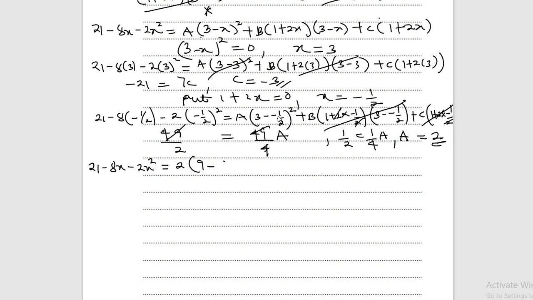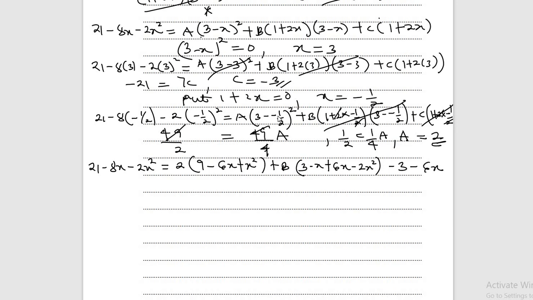That will be 9 minus 6x plus x squared. Do we know B? No. Expand what is beside B: 1 times 3 is 3, 1 times minus x is minus x, plus 6x minus 2x squared. I think we know C to be minus 3. When you expand it, that will be minus 3 minus 6x.